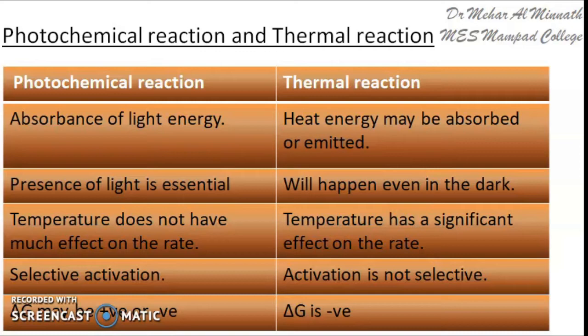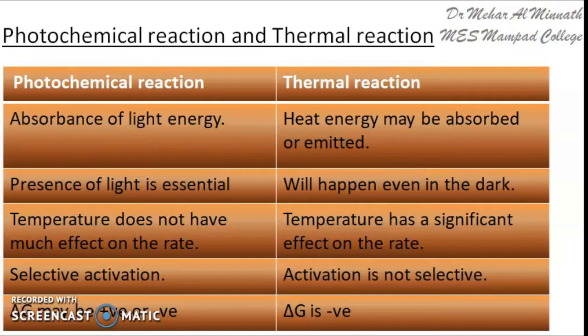A photochemical reaction is selective, involves selective activation, while in thermal reaction, the activation is not selective. What do we mean by selective or non-selective activation? In thermal reaction, we know that when you supply temperature, reactions speed up. When you heat the compound, all the molecules get activated.